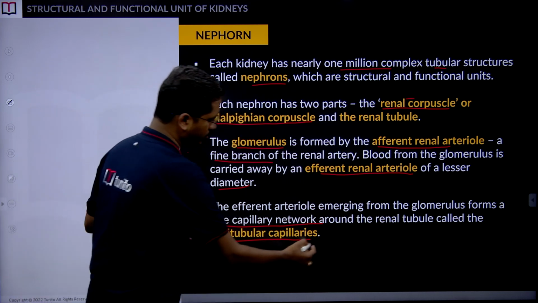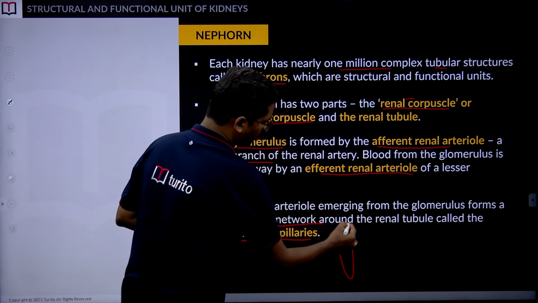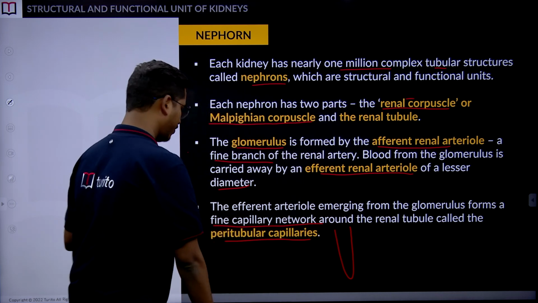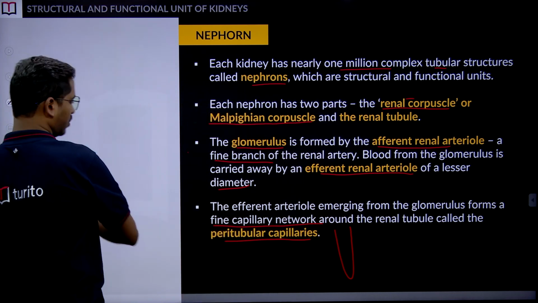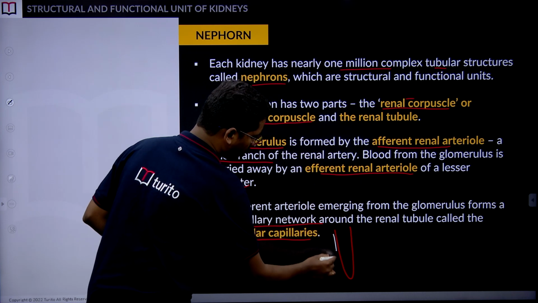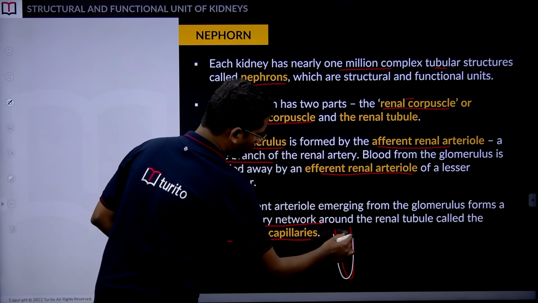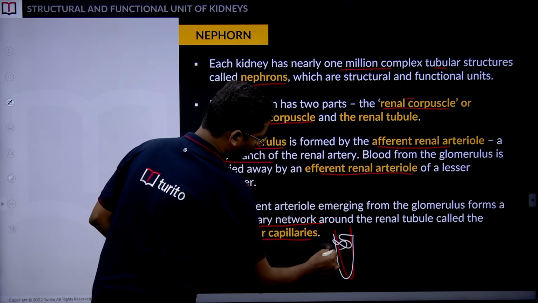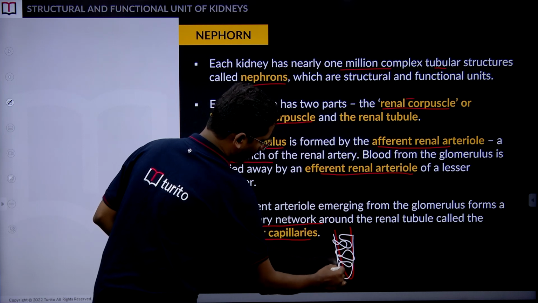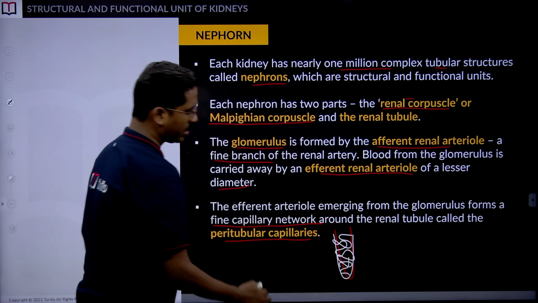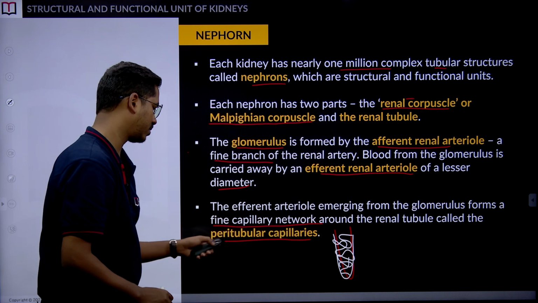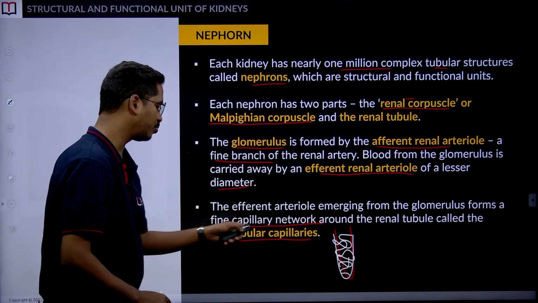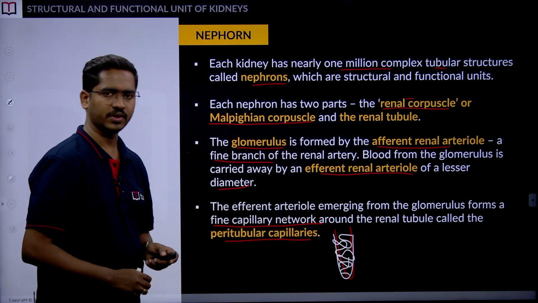I am referring to the U-shaped network, and inside it we saw there was a network, isn't it? It was forming like this; we refer to it as the vasa recta. The vasa recta forms a network as peritubular capillaries.